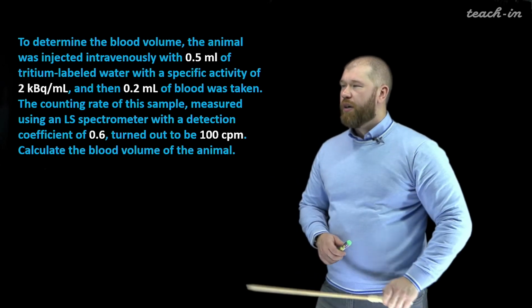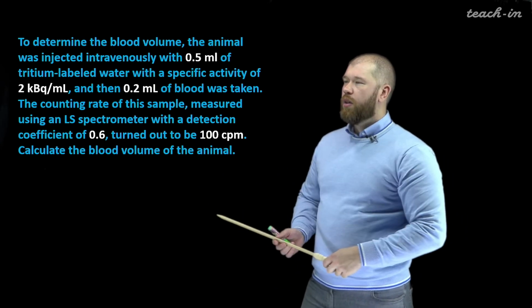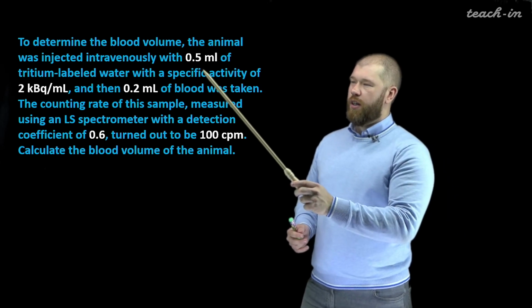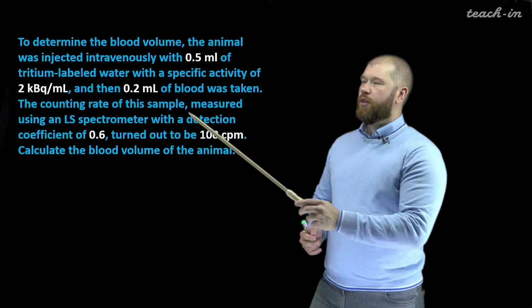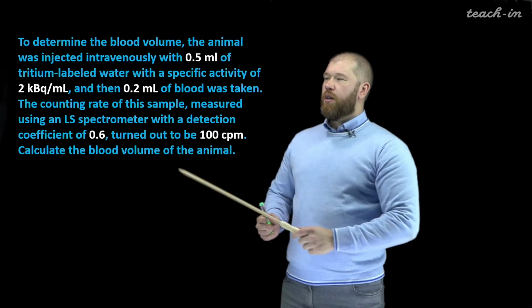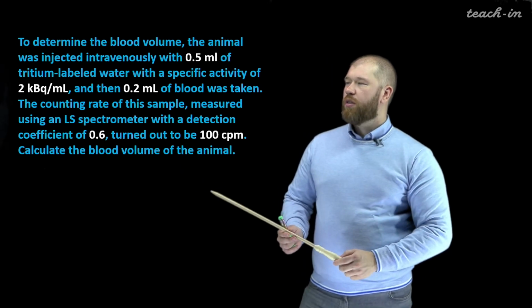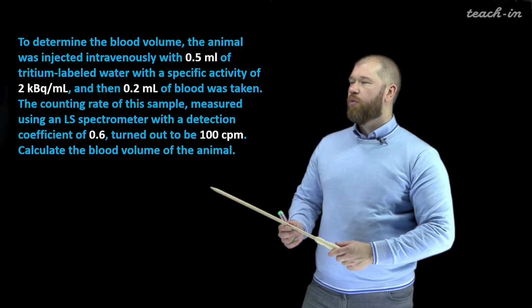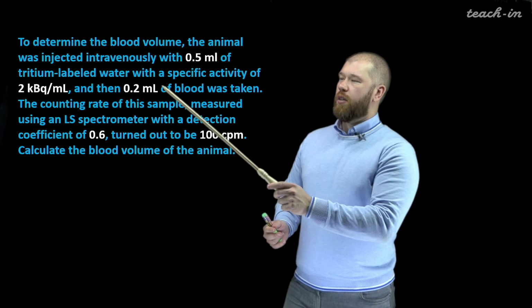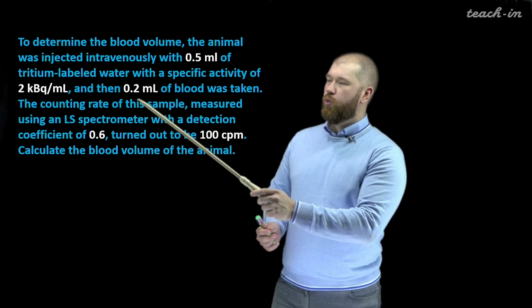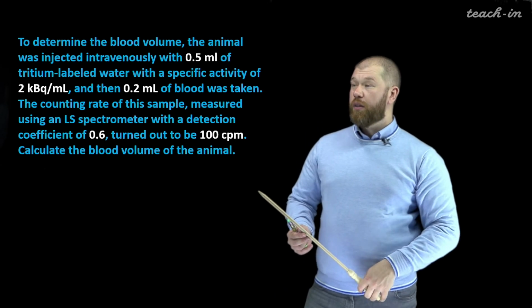We need to determine the blood volume in the animal with injection of just a half milliliter of tritium labeled water. We know the specific activity of this tritium water, that is quite small for tritium, and then we take out only 0.2 milliliters of blood.